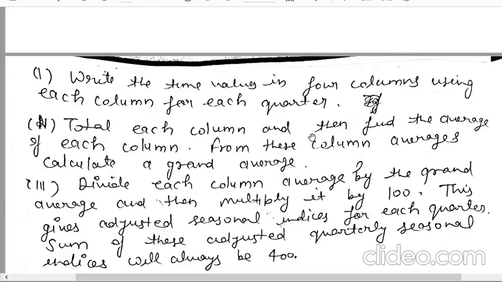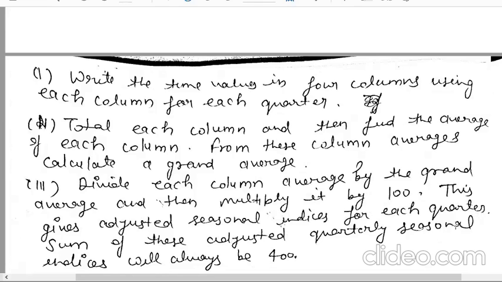Suppose your first column average is 10 and your grand average is 50, so you divide 10 by 50, and then multiply it by 100. So you are finding the average in percentage. This gives adjusted seasonal indices for each quarter, right?